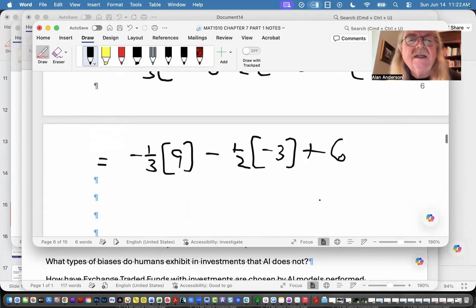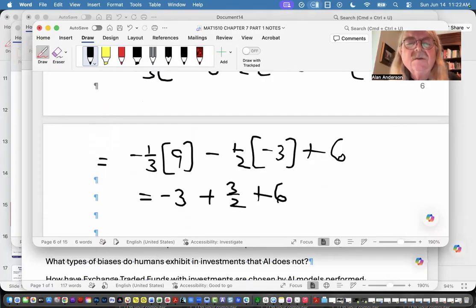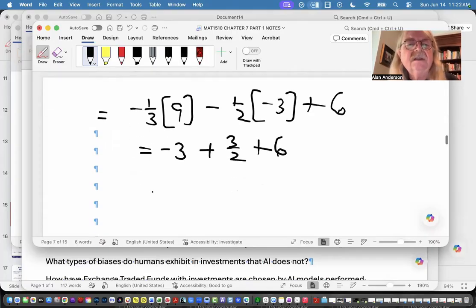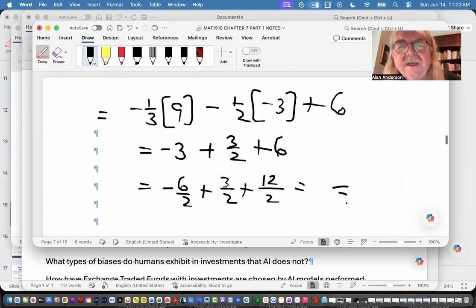All right, good. Now this becomes minus 3 plus 3 halves plus 6. So we'll need a common denominator. Let's do 2. And so here we end up with 9 halves. Beautiful.